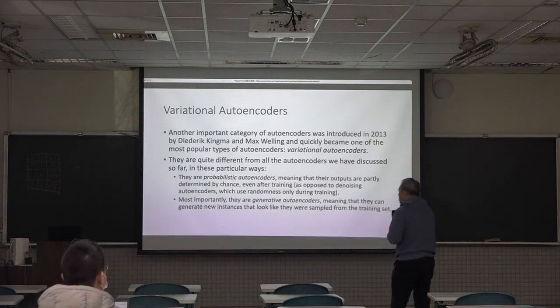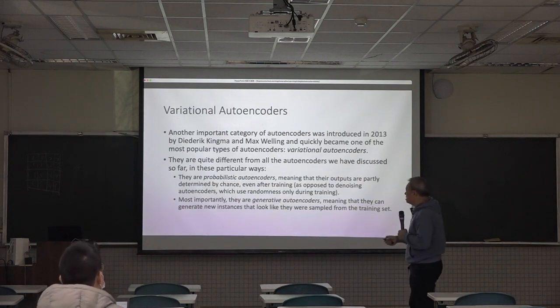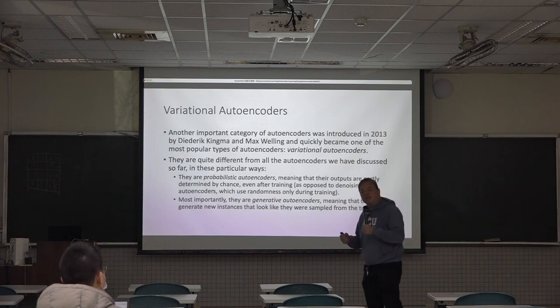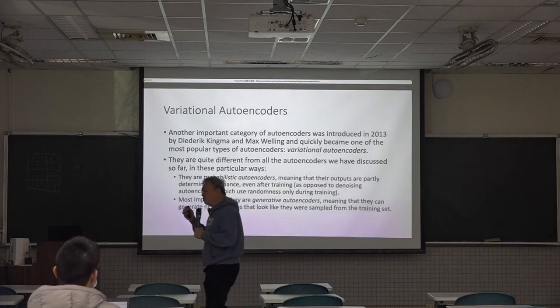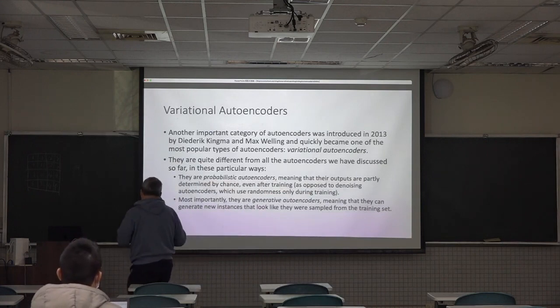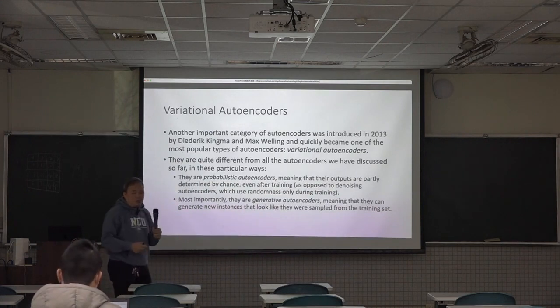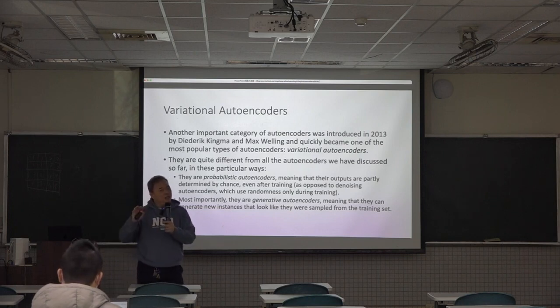Of course, you may argue, how about the denoising autoencoder? In the denoising autoencoder, we intentionally inject some random noise, either Gaussian noise or randomly switched-off noise. But if you don't consider the randomness in that noise, the same input will still give you the same output.